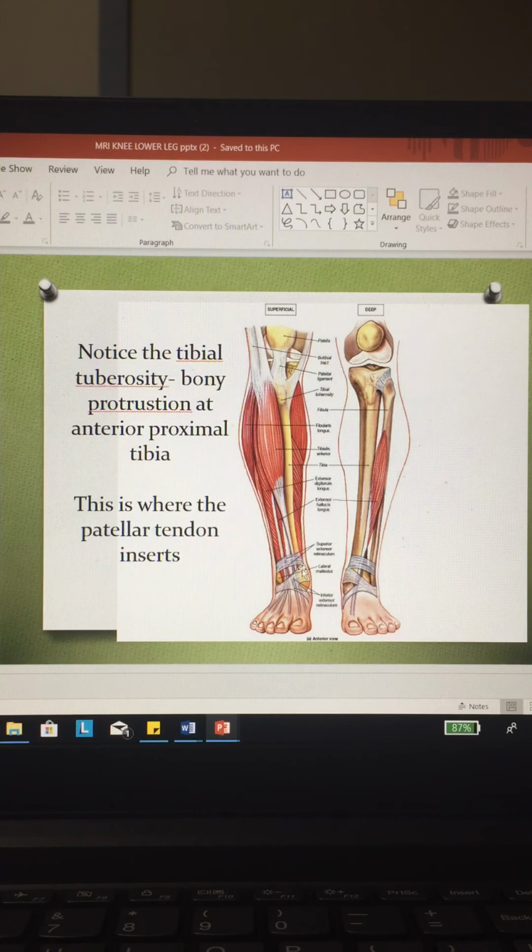This is just a picture of the lower leg again, of this tibial tuberosity. It's where this patellar tendon inserts. Technically this whole area is considered the lower leg. Again, it's similar to the femur. You might not be able to get the knee joint and the ankle joint in that dorsal coil.